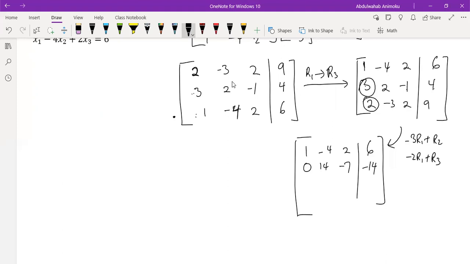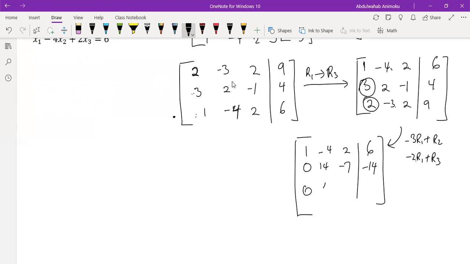So what do we do next? The next one, minus 2 R1 plus R3. So minus 2 plus 2, that's 0. Then minus 2 times minus 4 gives us plus 8.